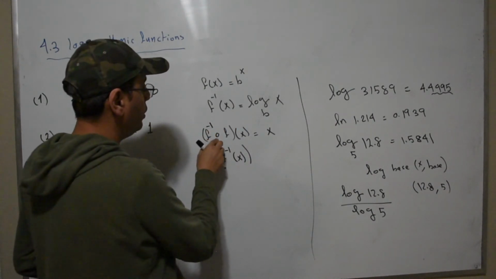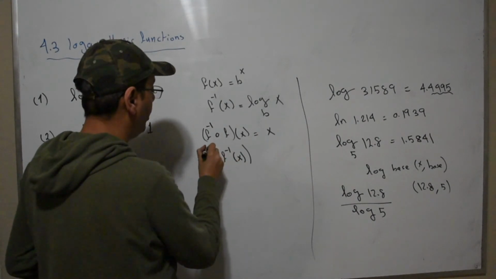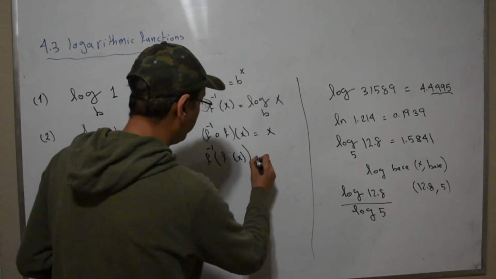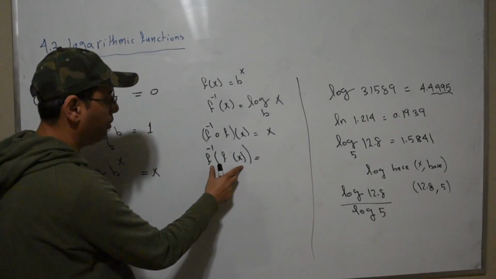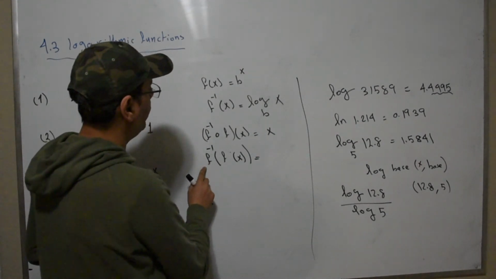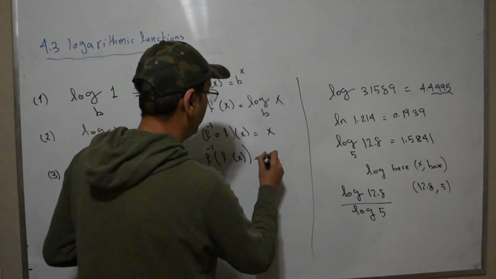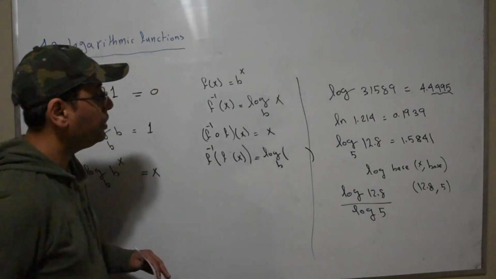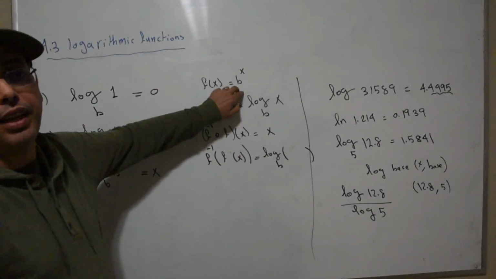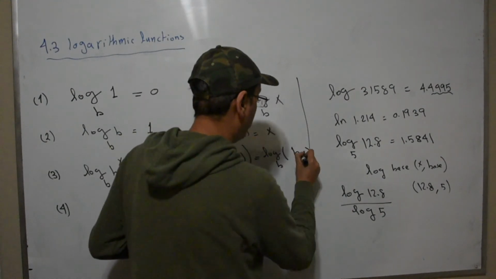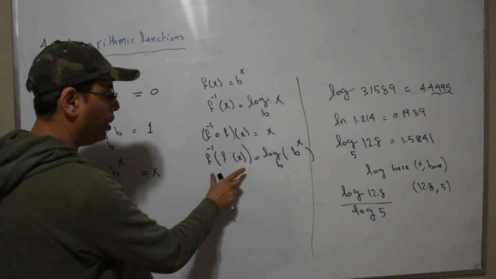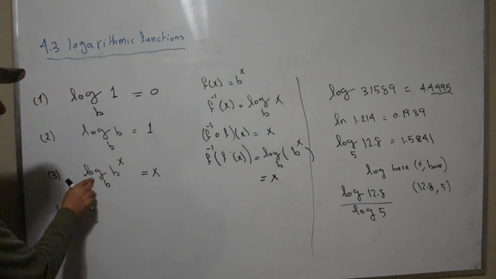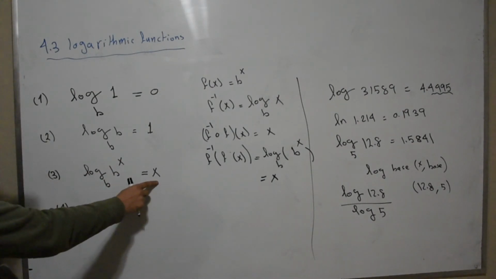So f inverse composed with f, which is equal to what? I start with the outer one first. f inverse is log base b, and you remember I told you, open the parentheses and plug in f of x. And what is f of x? b to the x. And those are the inverse of each other, so that must equal x. Therefore, that's why log base b of b to the x is x.